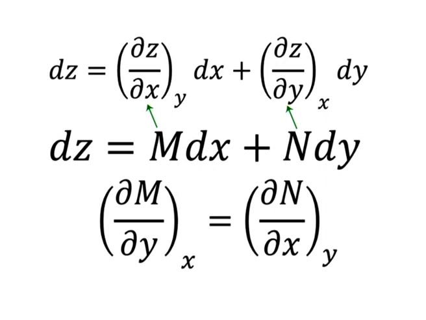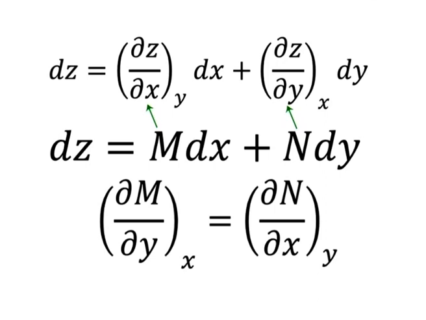This is an important relation for partial derivatives, and it is used in calculus to test whether a differential dz is exact or inexact. In thermodynamics, this relation forms the basis for the development of the Maxwell relations discussed in the next section. In other words, this equation indicates that the mixed second partial derivatives of the function z are equal.